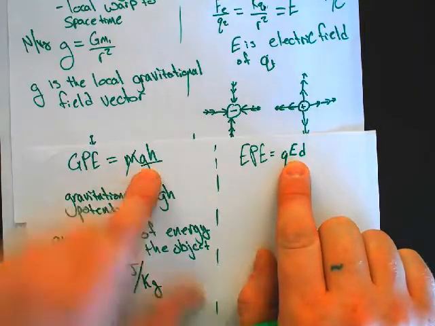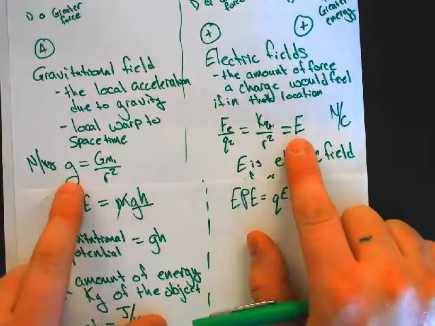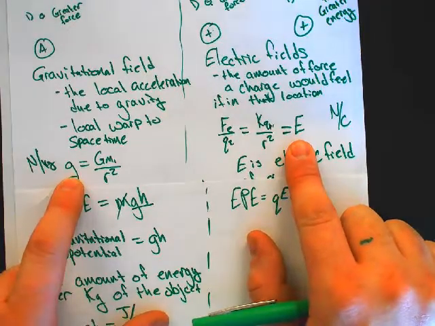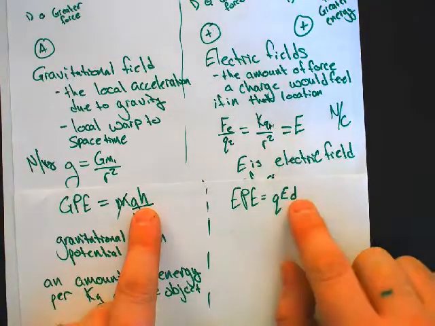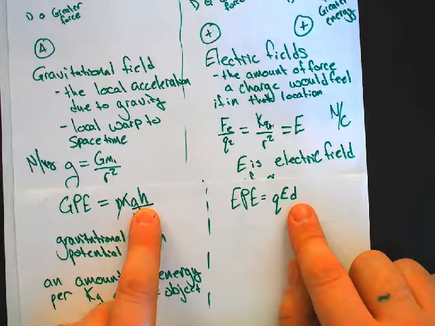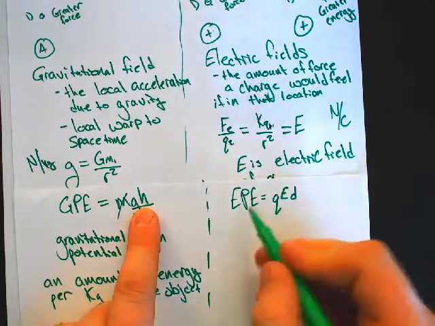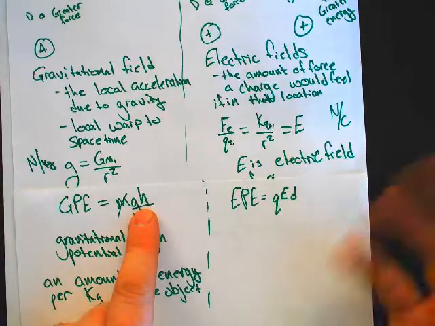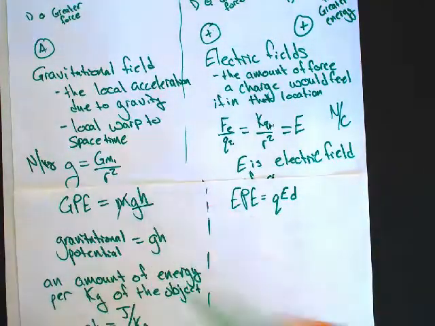E and g, we just showed, are mathematically similar. h and d, are these very different at all? No, they're both displacement, correct? So electric potential energy, calculated as QEd, is similar to gravitational potential energy, mgh.